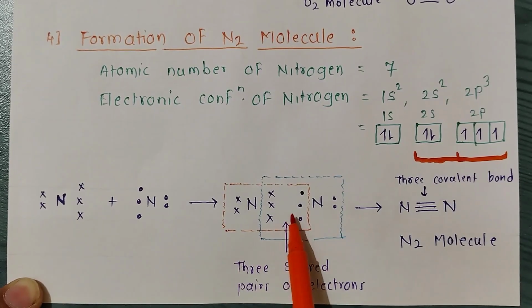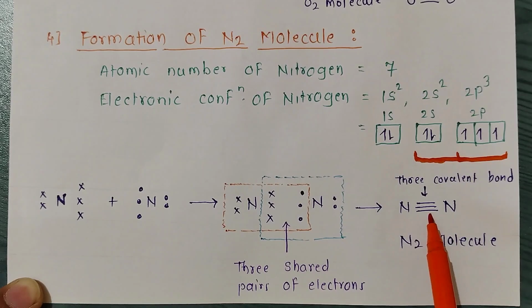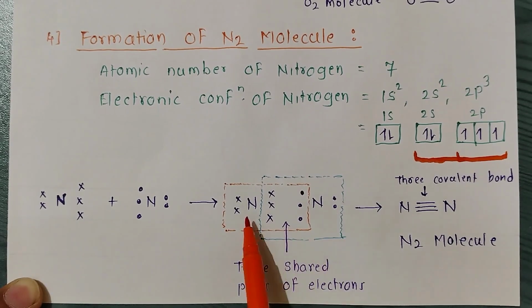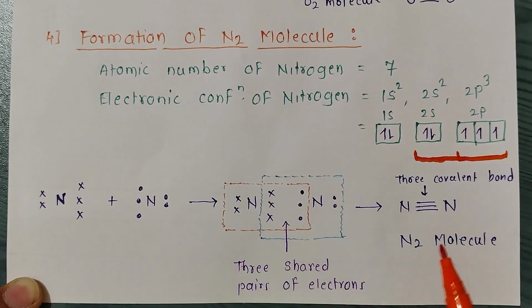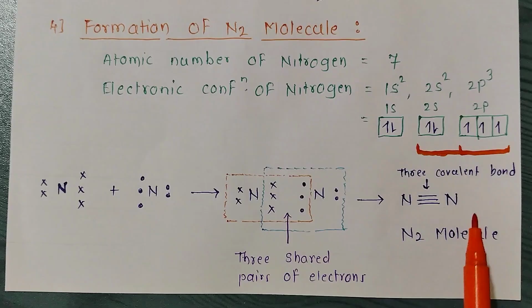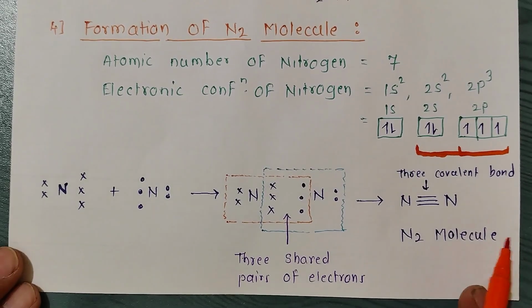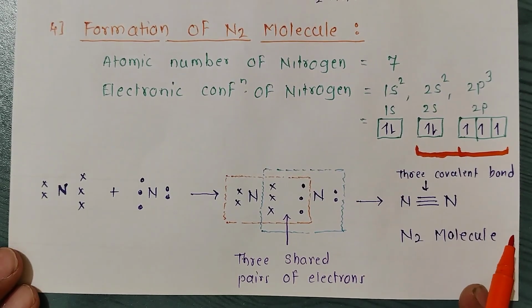So both nitrogens share 3 electrons with each other and form 3 bonds, and these 2-electron pairs are non-bonding pairs of electrons in the form of lone pairs. So in this way we can understand the covalent bond.